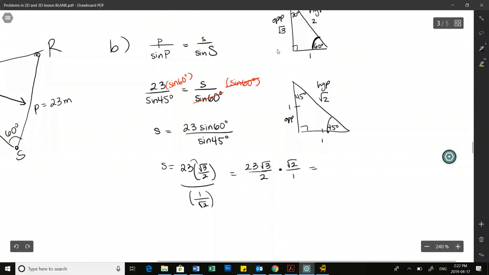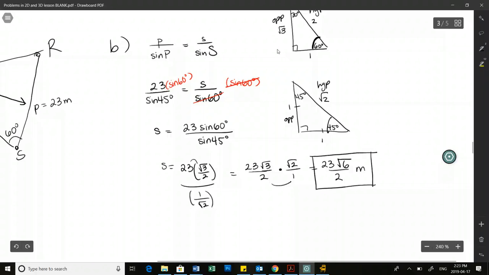So I think the bottom part's pretty easy here. We're going to have over 2. Root 3 and 2 can't be reduced, so I can just leave that. Root 3 times root 2, can somebody remind us what that's equal to? Yeah, Ivana? Root 6. Very good. And do I have any perfect squares inside of 6 or anything that I need to reduce here? No. So I think this is our exact value right here.